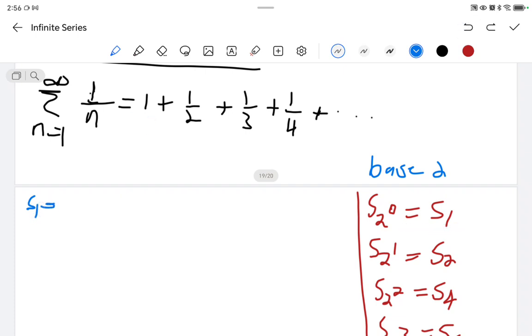I'm taking S1, which will be 1. Then the next one I should take is S2. S2 tells me how many elements to take, so I'm going to take 2 elements. Then this will be 1 plus 1 over 2.